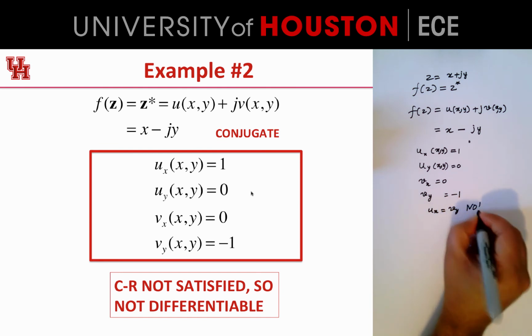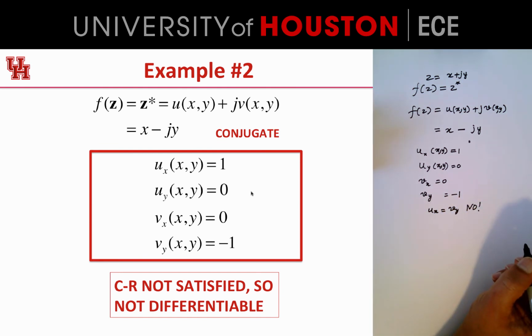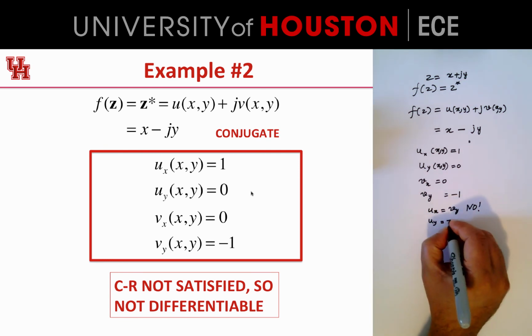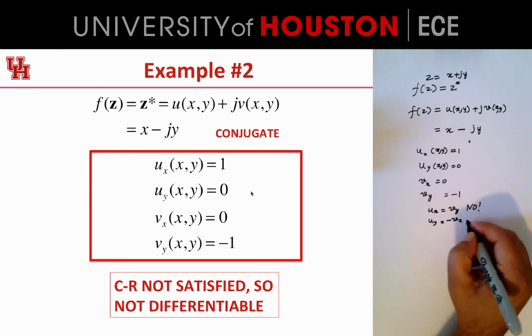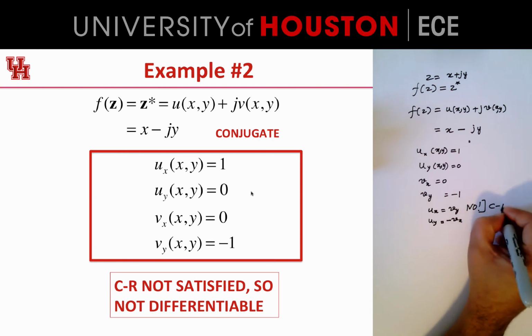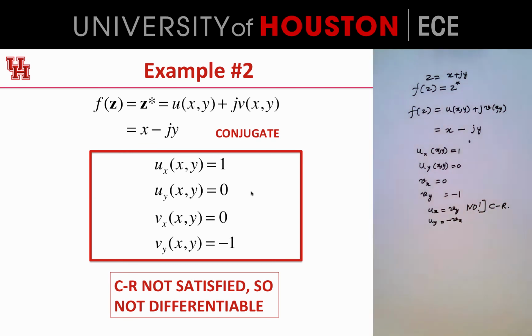No. Is uy equal to minus vx? They're both 0. In any case, this alone basically tells us that the Cauchy-Riemann conditions are not satisfied. So this function is not differentiable.